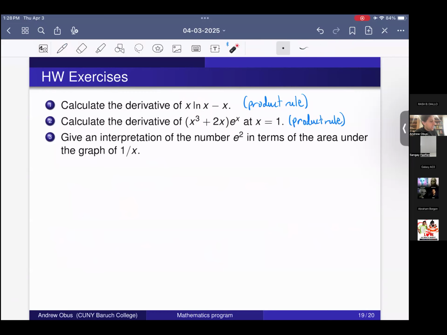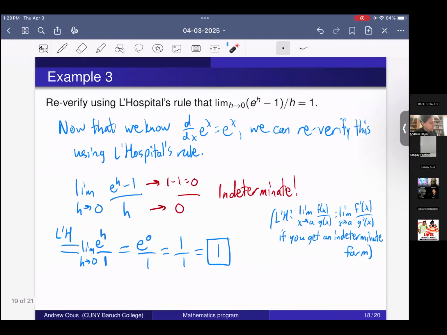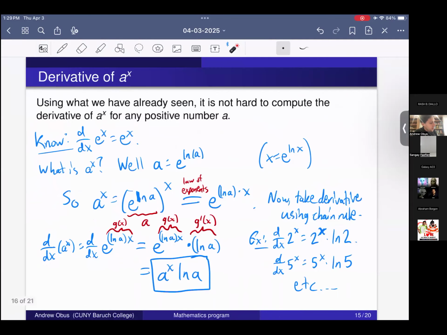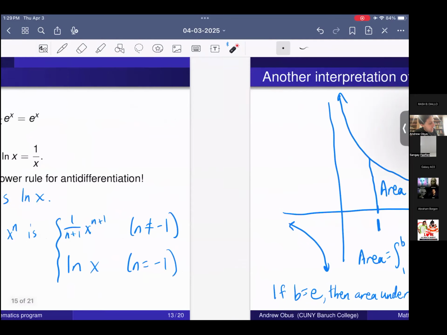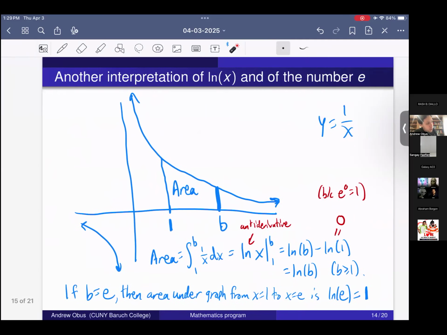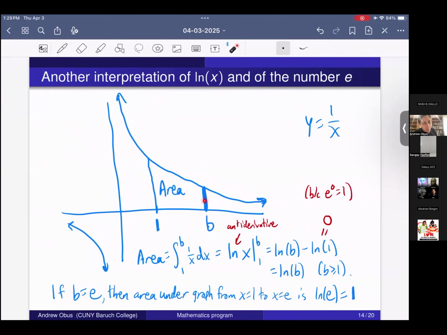And lastly, give an interpretation of the number e squared in terms of the area under the graph of 1 over x. Okay, so this is maybe a little bit more open-ended, this problem number 3, but what I'm thinking is going back to this slide over here, where we interpreted e as the number so that when you take the x coordinate equal to e over here, this area here is equal to 1.